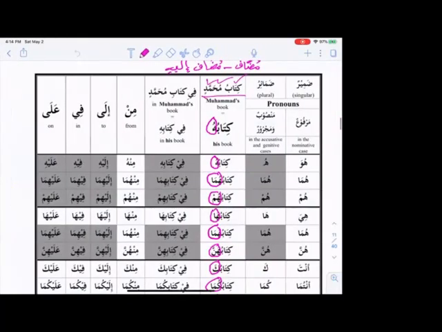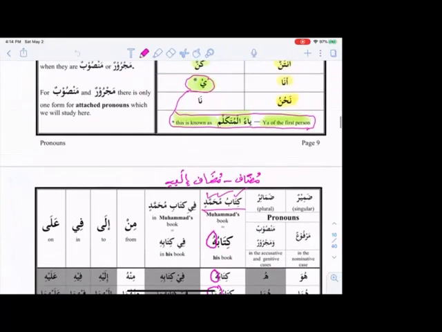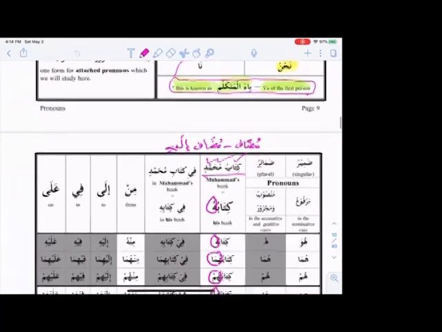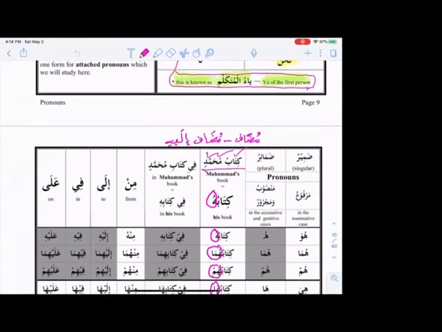the handout. Okay. So here, the first thing: when a pronoun joins a noun, what do you get? Mudaf, mudaf ilayhi. So we have kitabu, and then we join it with the pronouns. Okay, 14 pronouns, and you can easily say that and try to memorize it, try to sing with me, my brothers and sisters.